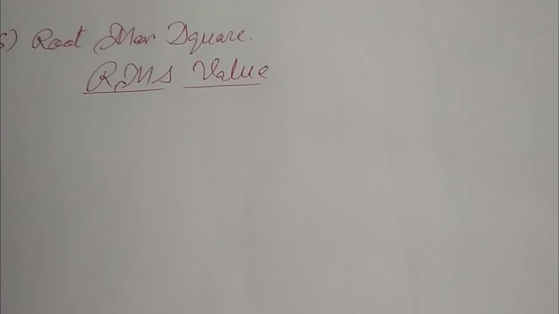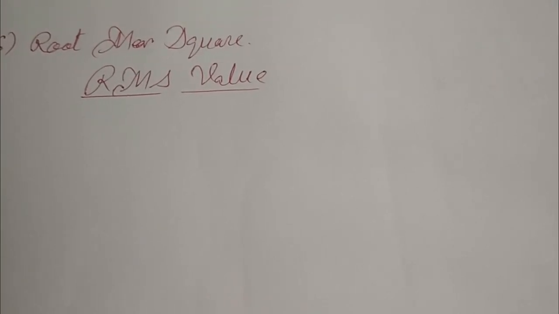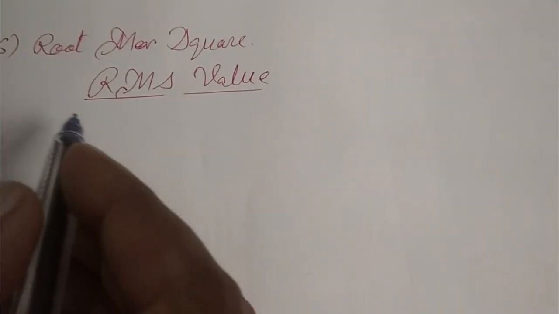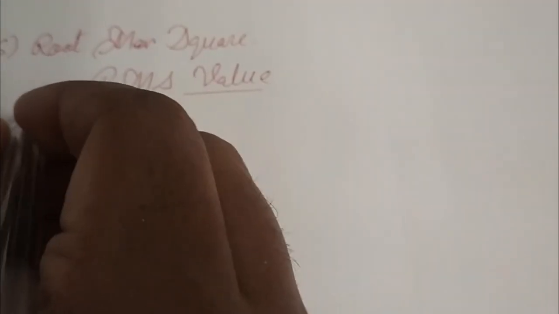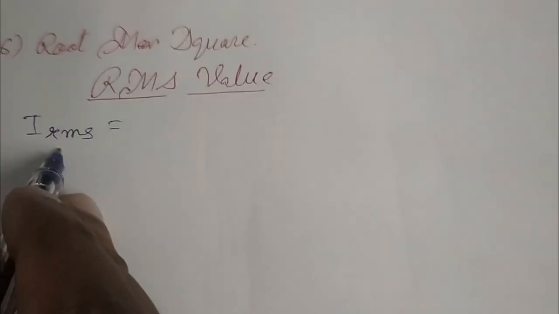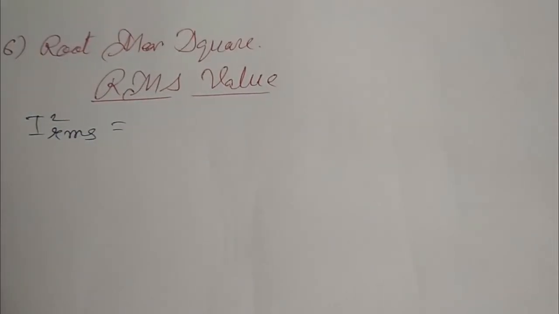The RMS value of current is denoted by IRMS. We take the square root of the current expression, that is Im sin omega t. So we have to calculate this IRMS. On the right side, rather than taking the square root, we will square the left side, IRMS square.